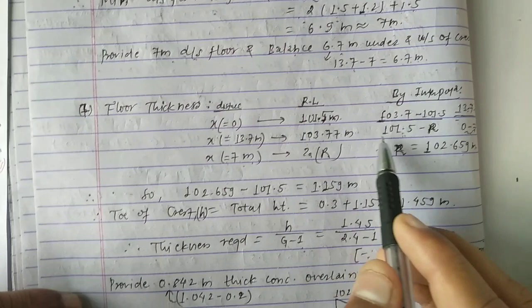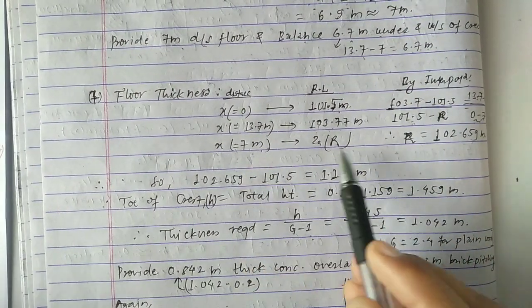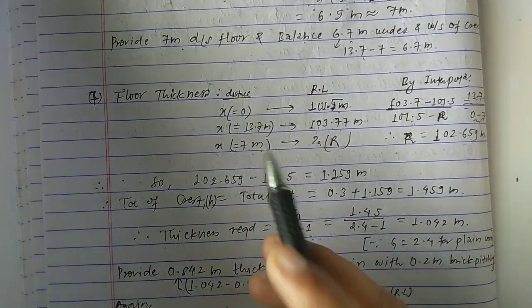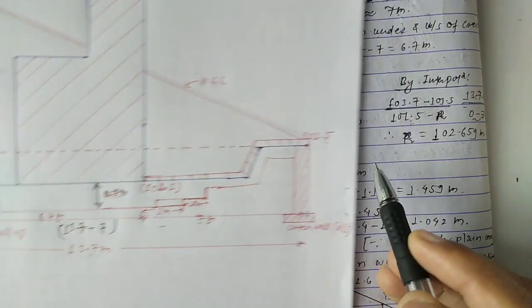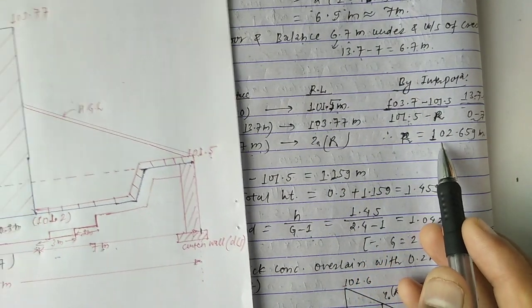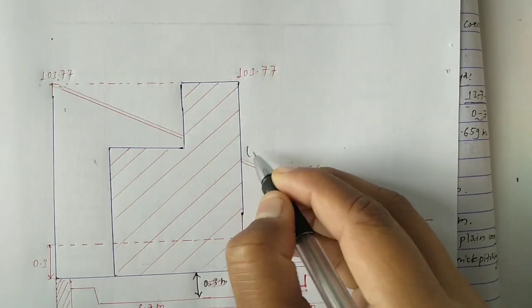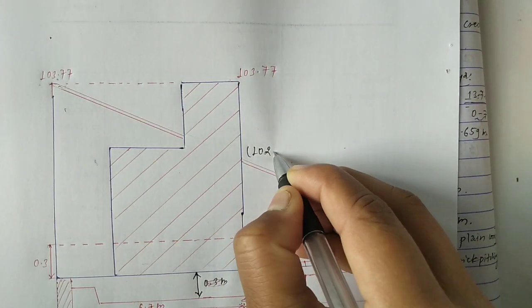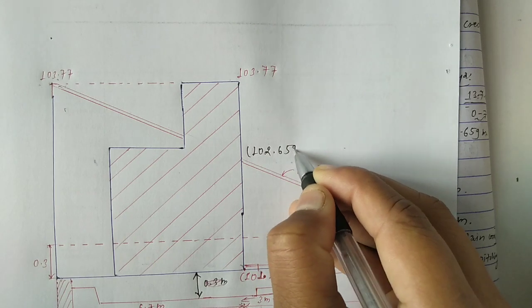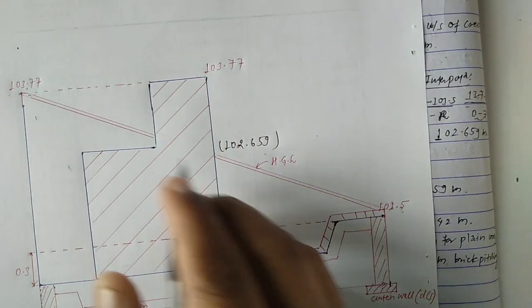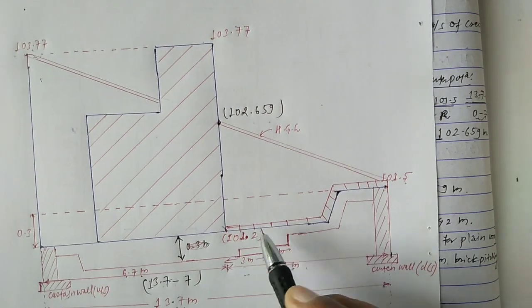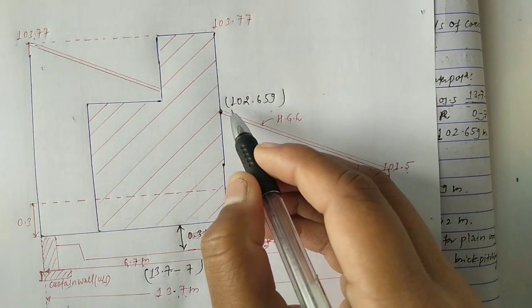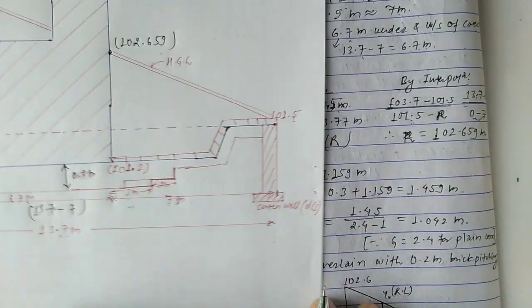So the RL at a distance of 7 meter from here is 102.65. In this triangle, at a distance of x equal to 7 meter, RL equal to 102.65 meter.